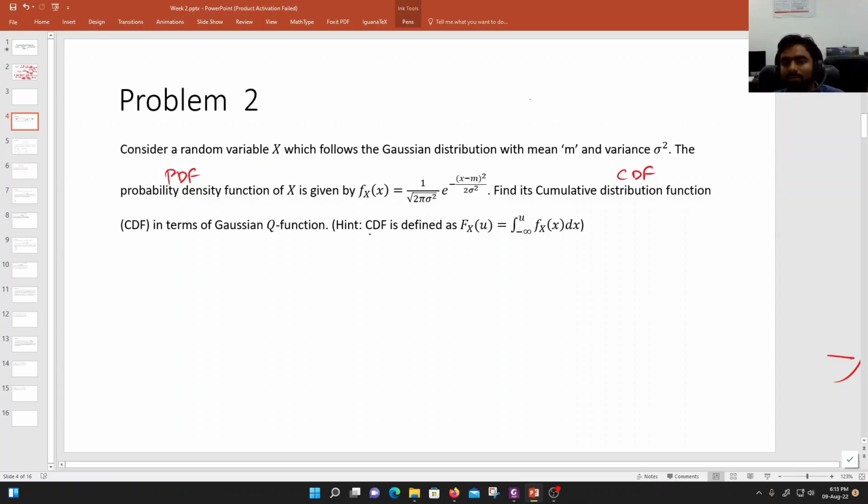So it is very simple. I have also given the hint. The CDF, cumulative distribution function, is defined as f of x of u, the integral from minus infinity to u of f of x at x dx. But the condition is that you have to find it in terms of the Gaussian Q function. I hope you know the Gaussian Q function definition from the video lectures. It is clearly defined.